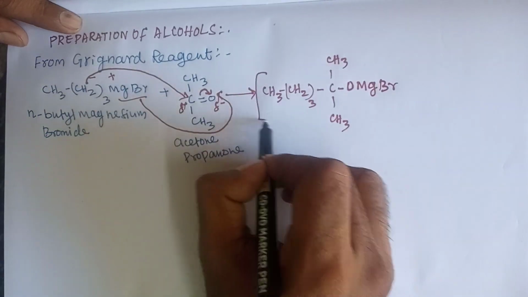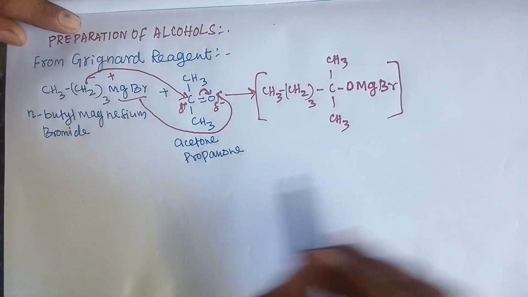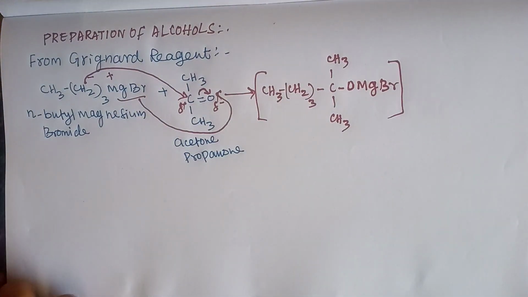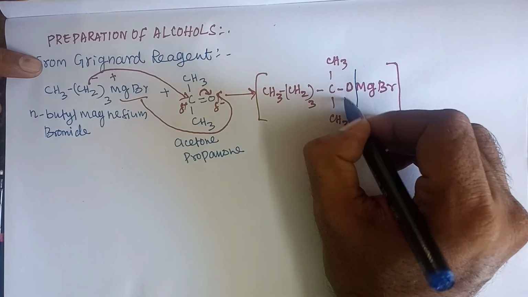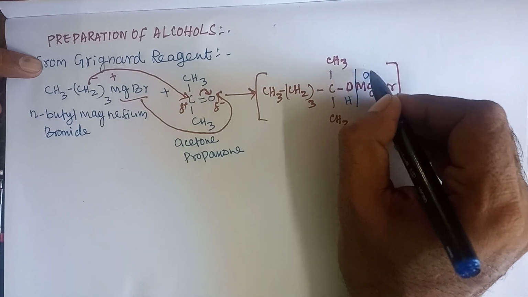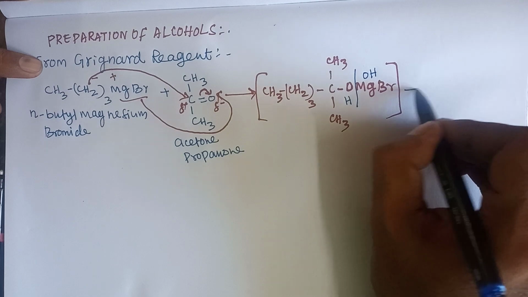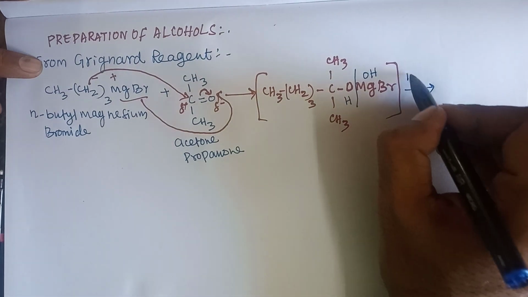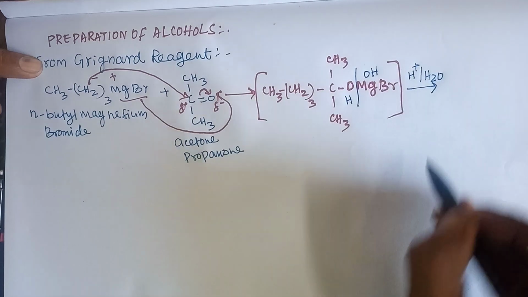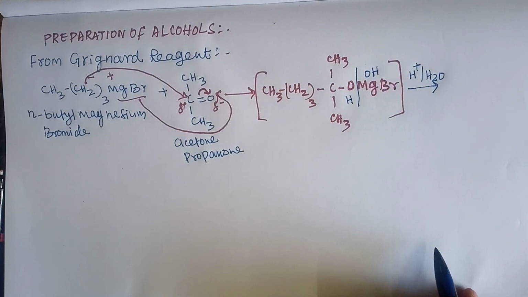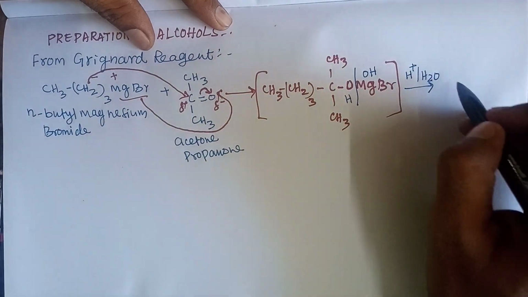This is an unstable compound. This undergoes hydrolysis. Here the breaking of bond takes place, here hydrogen, here OH. Acid hydrolysis, H plus H2O. It gives tertiary alcohol.